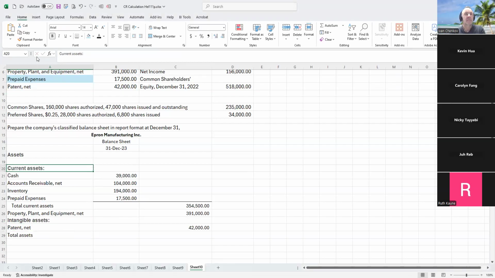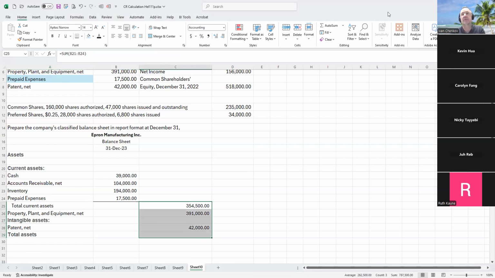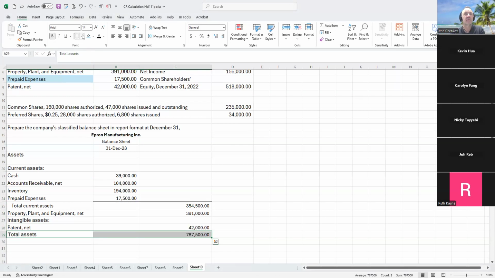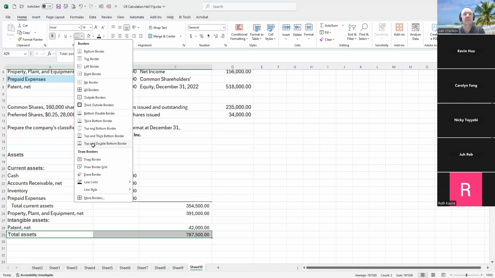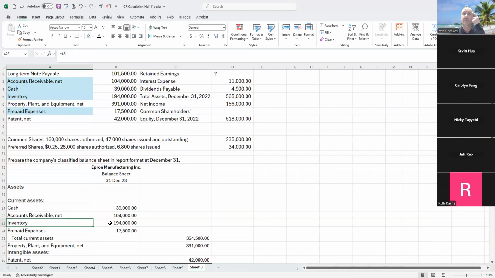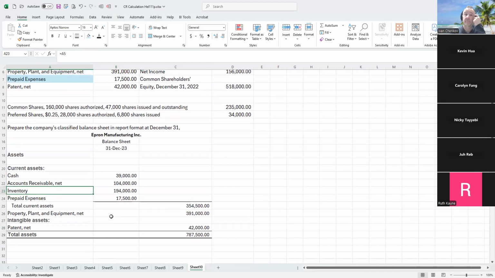Total assets, let's make it presentable. My total assets in this case are all those four together. Get the total line and finish the asset section. And we're done, right?